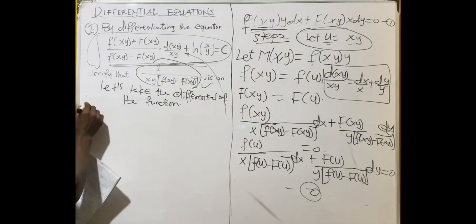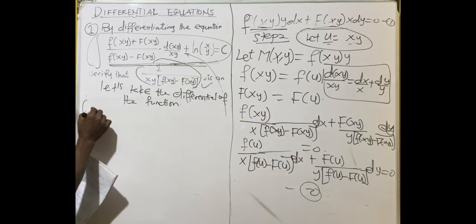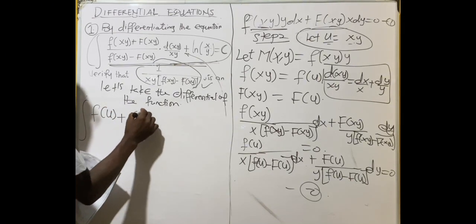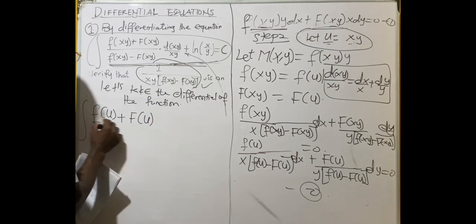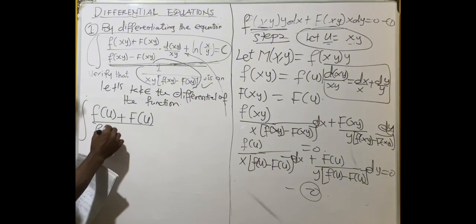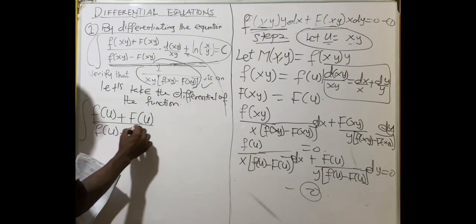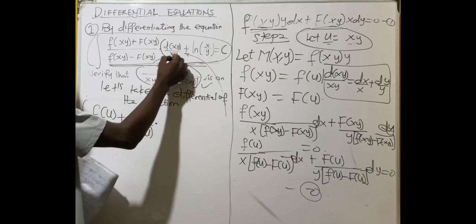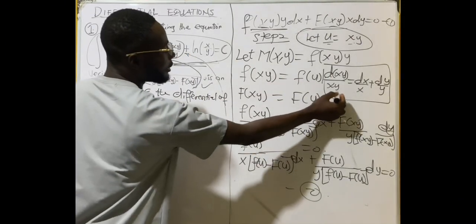So we have integral f of u plus big F of u all over small f of u minus big F of u times, now this here is here, right?